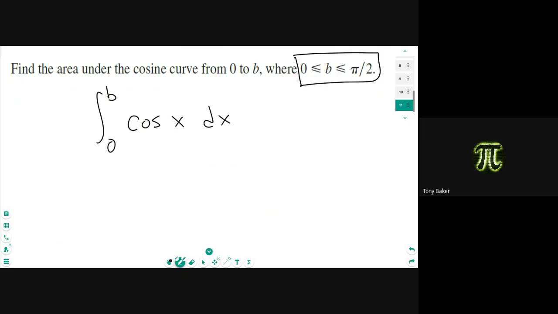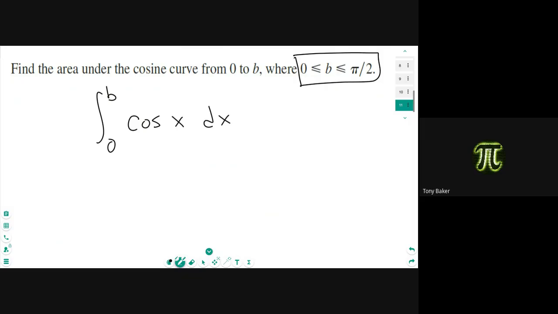What happens after pi over 2 for cosine? It crosses 0 and goes negative. So the bottom part, my area is going to start canceling each other out. So in that respect, I might have to deal with something different when I'm plugging things in. So that's why the b, keeping it to the positive section, doesn't have that impact. We'll see how that actually impacts things in a little bit.